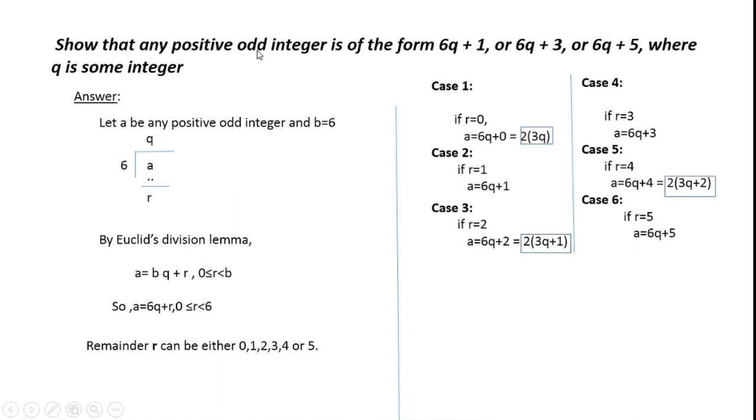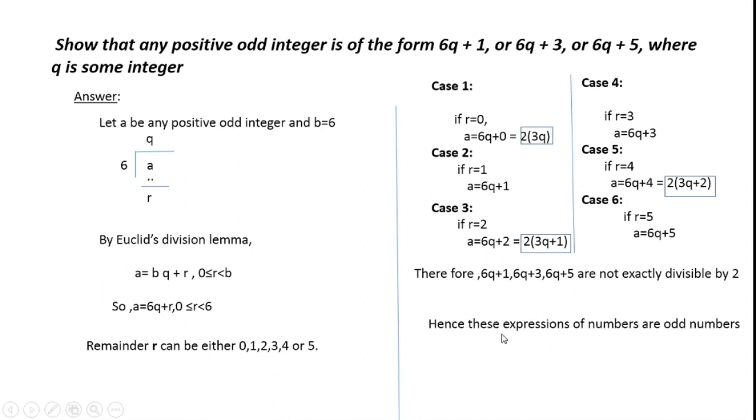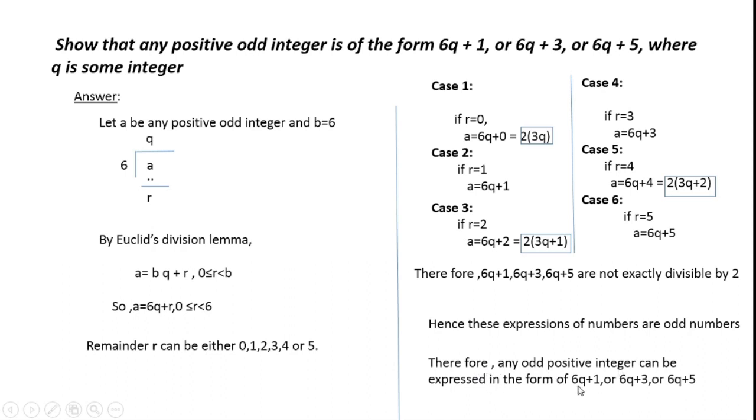What we have to consider is only positive odd integers, meaning case 2, 6q plus 1, case 4, 6q plus 3 and case 6, 6q plus 5. These are not exactly divisible by 2. That means these expressions are odd numbers. Now we can conclude that any odd positive integer can be expressed in the form of 6q plus 1 or 6q plus 3 or 6q plus 5.